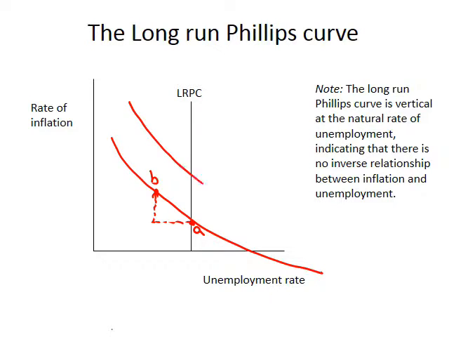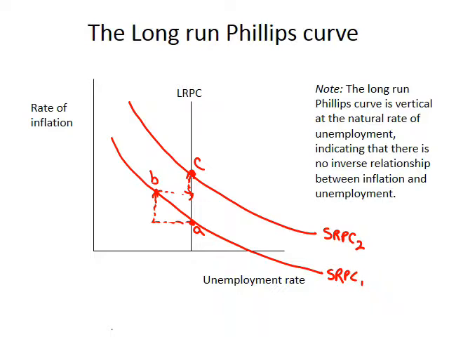And we had another shift happening. Sorry, let me label short-run Phillips curve 1, short-run Phillips curve 2. We had another reaction where unemployment increased and inflation increased, bringing us to C.